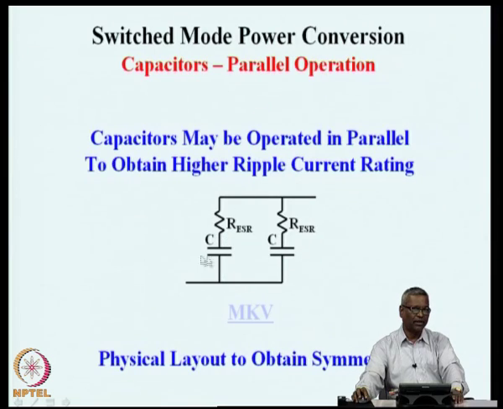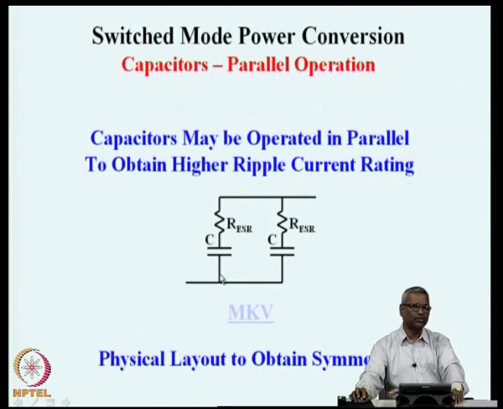For example, if you connect an external connection coming from here to the capacitor back here, and the next capacitor is connected from here to here, you will find that for the external current coming from the left hand side, the first capacitor's ESR is only what is given in the data sheet, but for the second capacitor, it is the capacitor resistance plus the track resistance here plus the track resistance here.